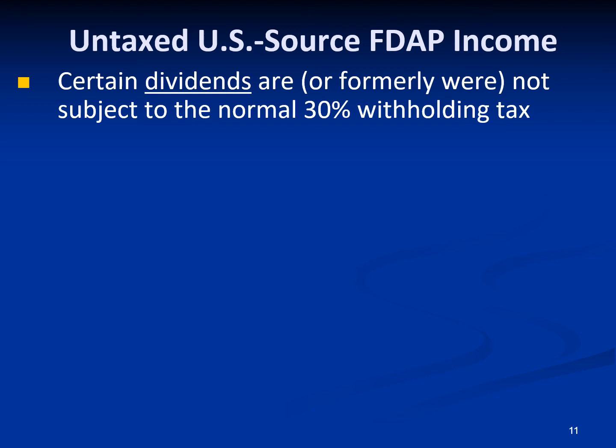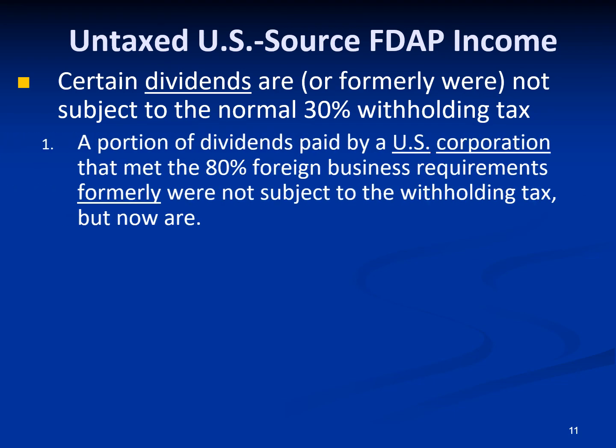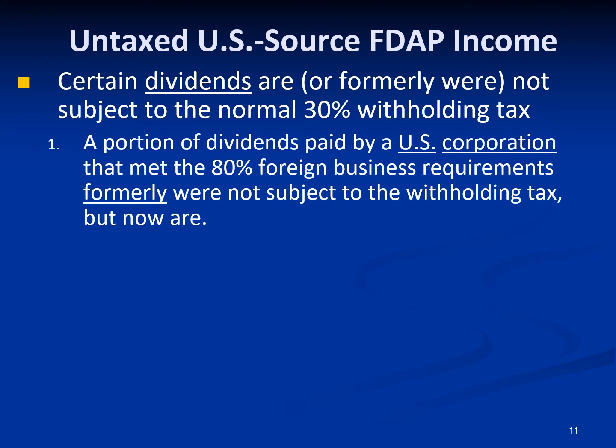However, an exemption appeared in some former code sections, Section 871(i)(2)(B) and in Section 881(d). Specifically, if the U.S. corporation earned a sufficient portion of its income in foreign countries, then a portion of the dividends it paid was not subject to the 30% withholding tax.